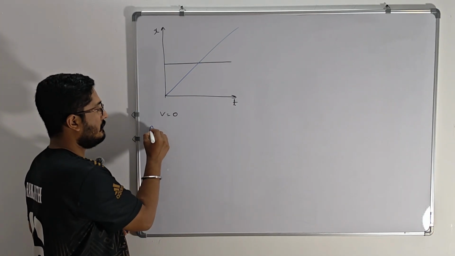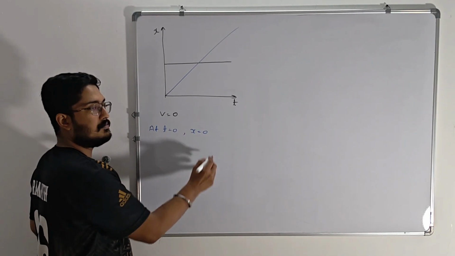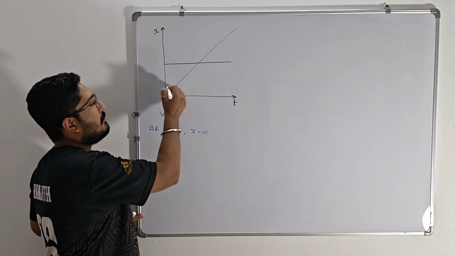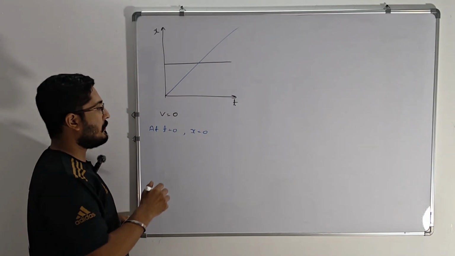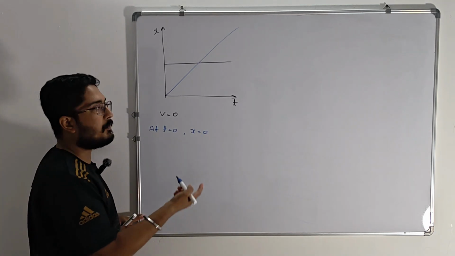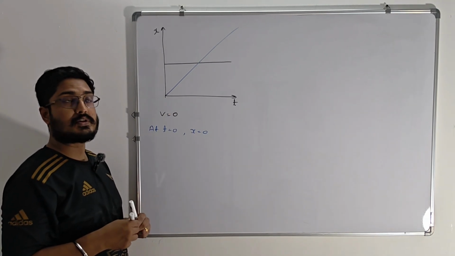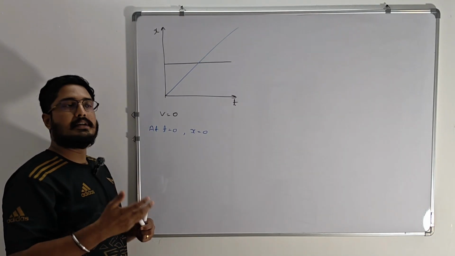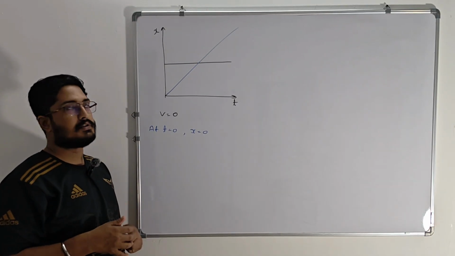After some time, as the time increased, my particle's position also keeps on changing. Very good. So that means the particle is at least not at rest. The particle is moving. Now, once the particle starts moving, the question comes, what is the speed? Is the speed changing? Is it remaining constant? If it is changing, how is it changing? This kind of question will come.